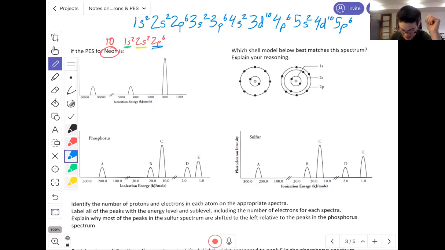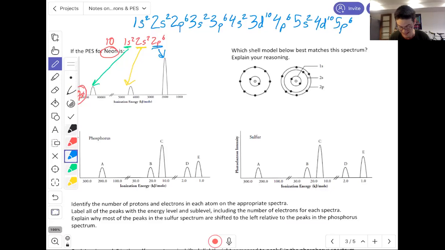So if I am again imagining that my 10 protons in my nucleus is right there, it's always there at the origin. Then I simply need to say, okay, so that means that this goes there, this goes here, and this goes here.